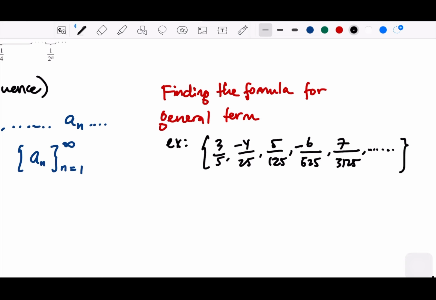So this is the first term, second term, third term, and so on. And if we carefully see how the denominators are, I think it has a ratio of 5, so it's multiplied by 5, right? How about the numerator? It starts from 3, but it started with negative 4, and then 5, and then negative 6, and then 7.